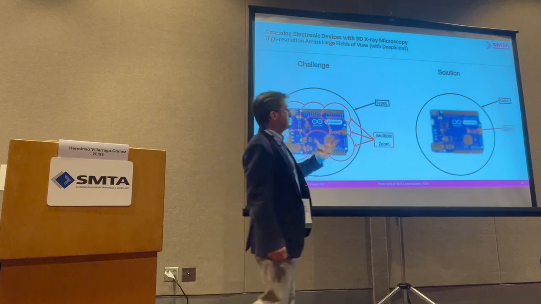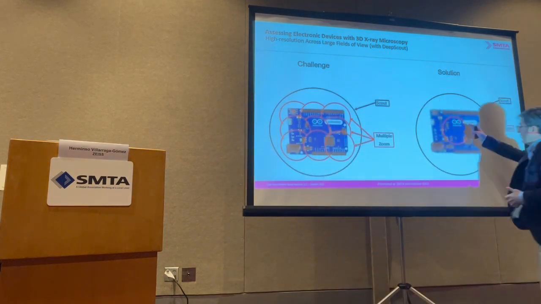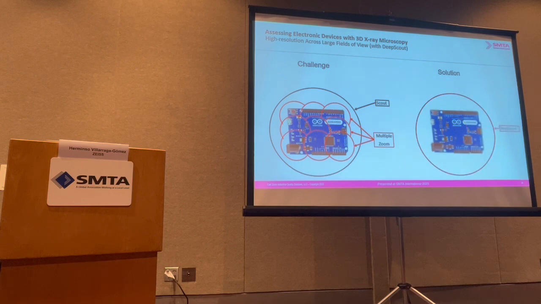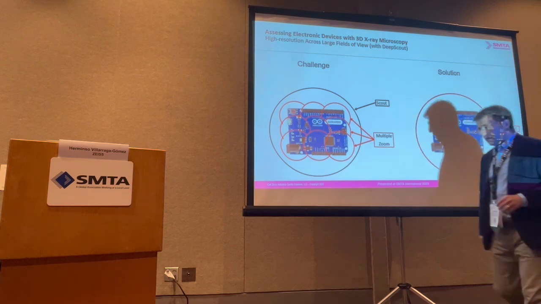What you could do using deep learning algorithms is pick a field of view with the high resolution you need, scan it, and then scan the large field of view at a lower resolution. Use this high resolution as a training model for generating a solution in deep learning, which we call DeepScout, and now expand that to the full volume to recover the data.